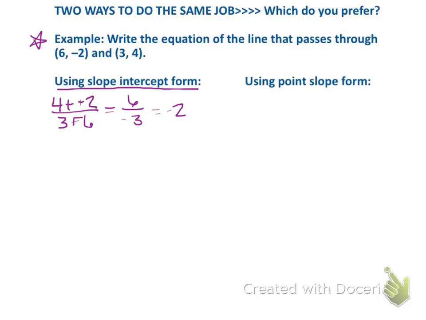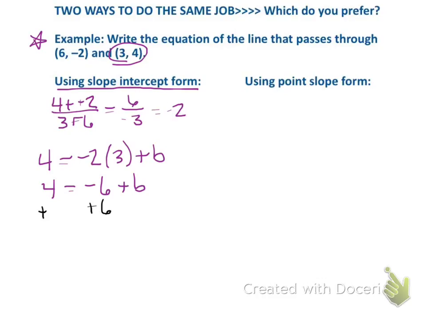And then we solve, pick our favorite point, and we plug into y equals mx plus b, and we solve for b. -6 plus b, add 6 to both sides. Looks like b is going to be 10. So y equals -2x plus 10.